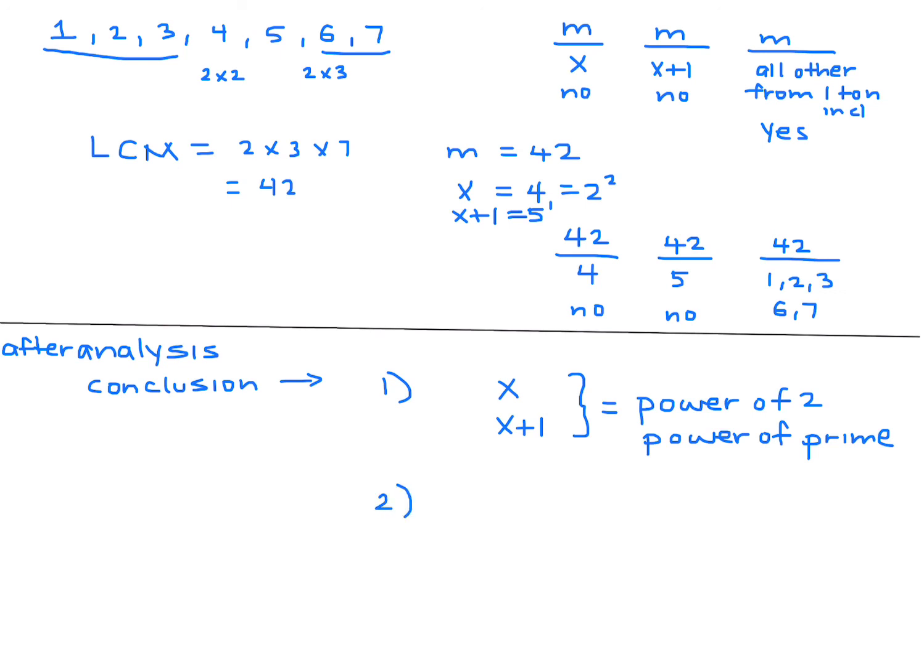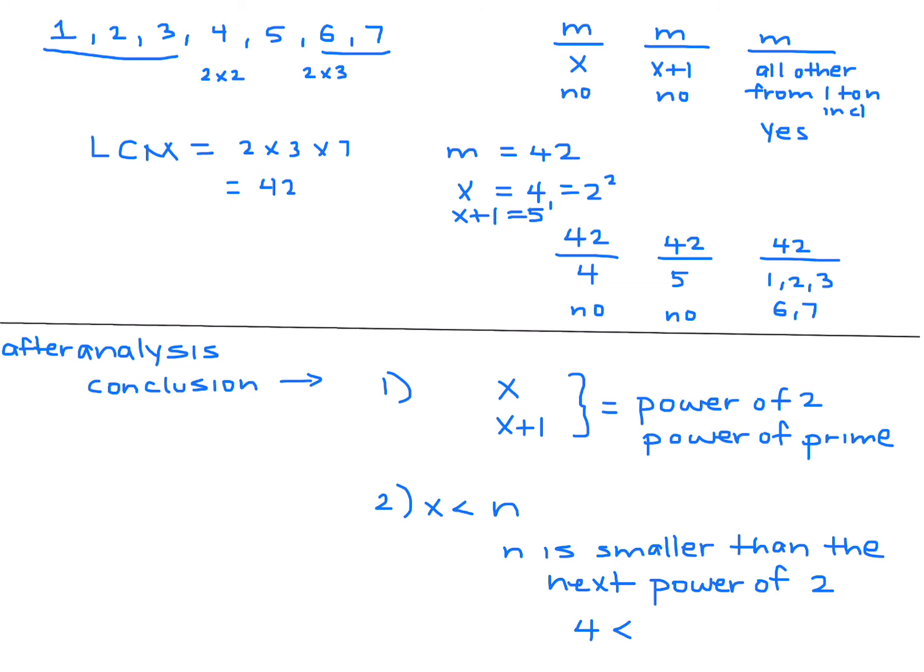The second conclusion is that n is smaller than the next power of 2, because they told you in the question that x is less than n. So for example, x in our little scenario up here was 4, and that's got to be less than 7, which is what n was.